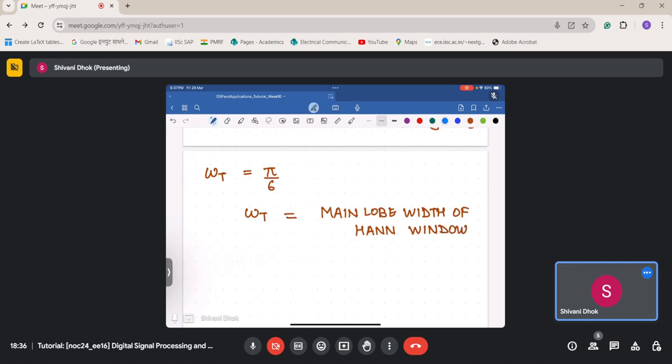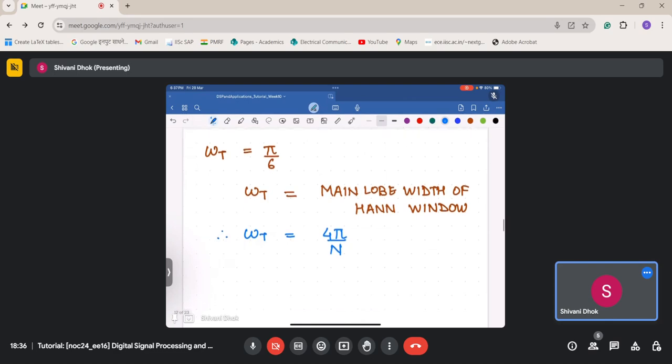Therefore omega t should be equal to 4 pi by N. Therefore my N should be equal to 4 pi by omega t, and omega t we have obtained as pi by 6. So we have 4 pi upon pi by 6. This pi gets cancelled and we have 6 into 4, which is 24.